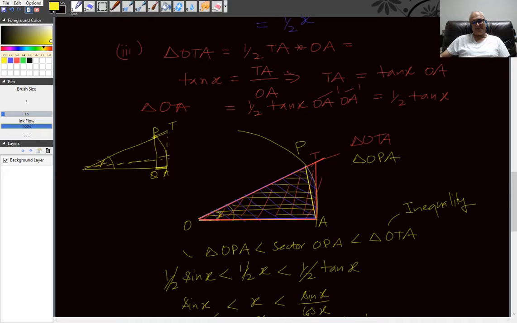So these three areas, the triangle in red, the area of the sector, and the triangle inside, they all will become equal as x gets very close to 0, or P gets very close to A. All right.